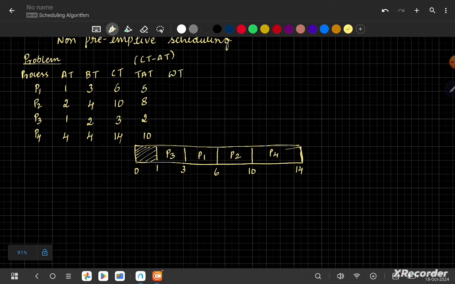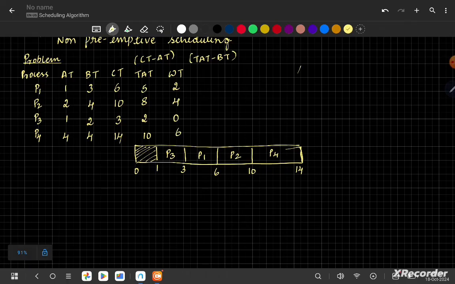Waiting time would be turnaround time minus the burst time. So turnaround time is 5 and the burst time is 3. So 2, 8 minus 4 is 4, 2 minus 2 is 0, 10 minus 4 is 6.